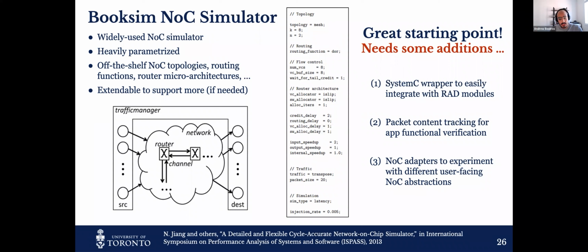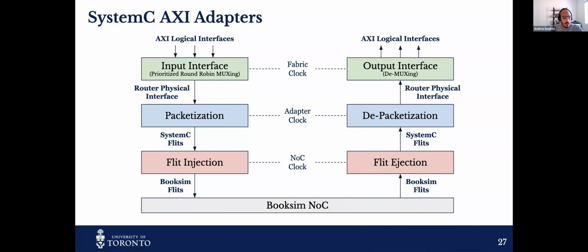We also need to implement some NoC adapters, which you can think of as the highway ramps for getting from the accelerator blocks or the FPGA fabric onto the NoC, to be able to experiment with different user-facing abstractions. So that's a brief idea of what we mean by a NoC adapter.